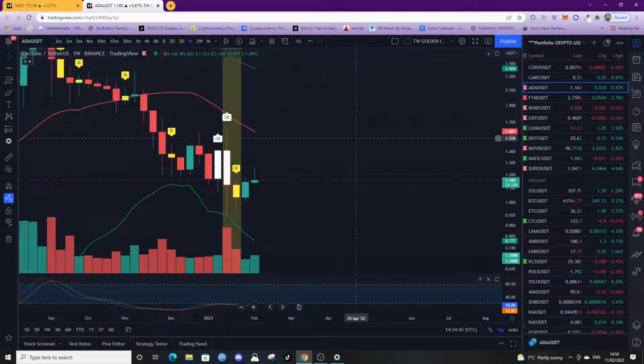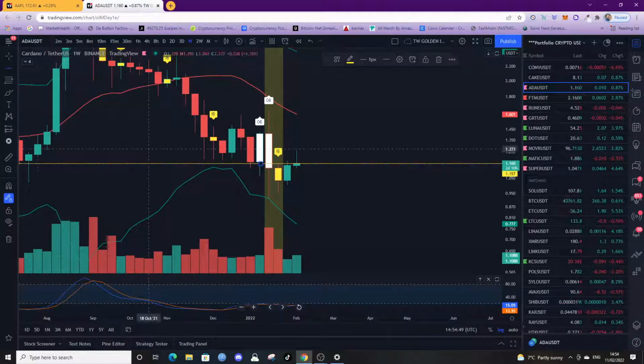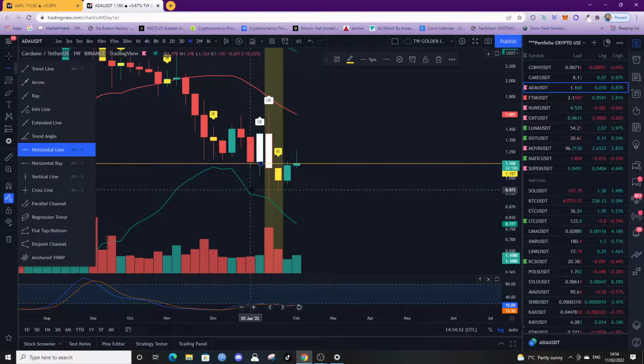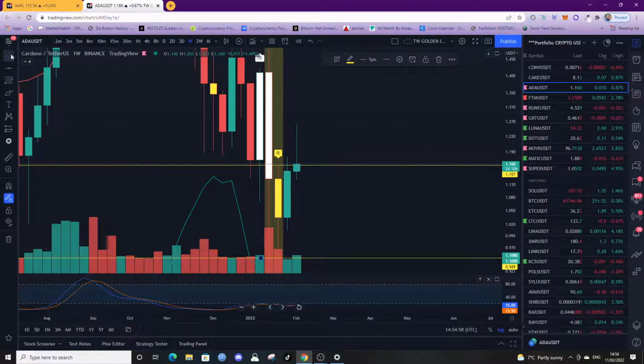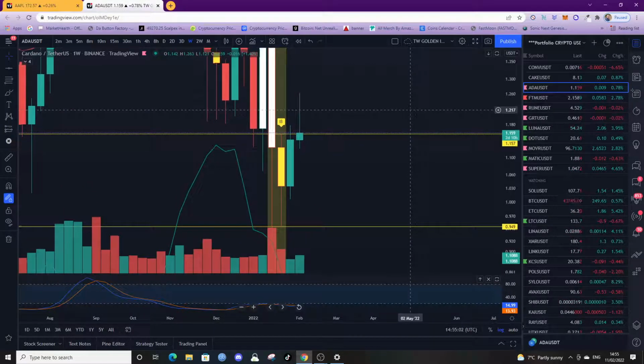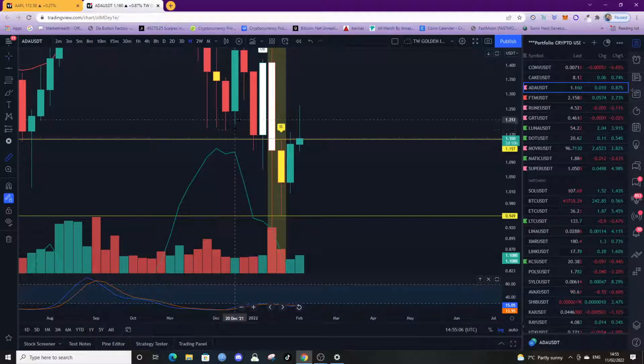Well, on the weekly, we've got an inside bar. Remember, each one of these candles is a week, and we've broken out there. Now, let's just say you bought the break on this one. See where it went to.